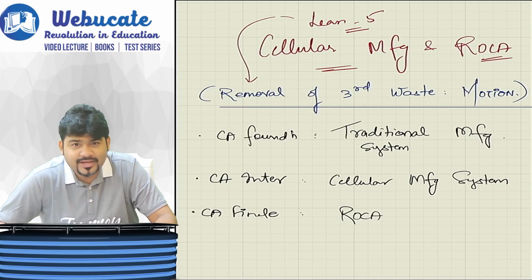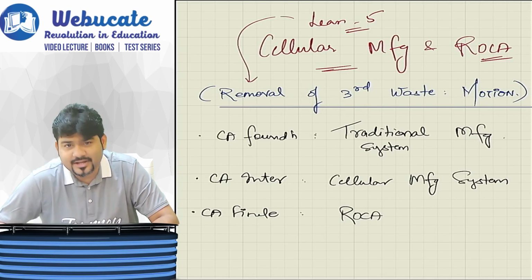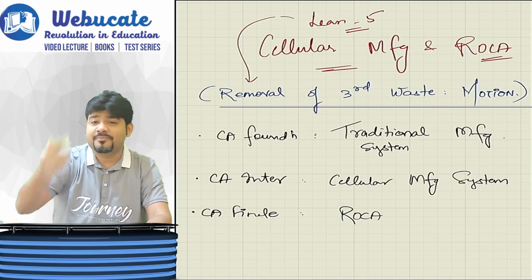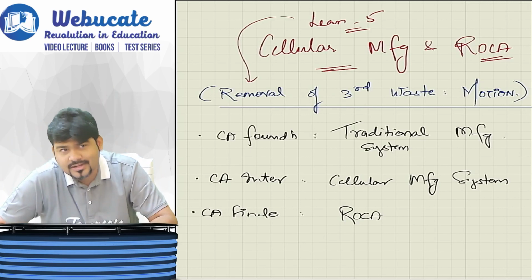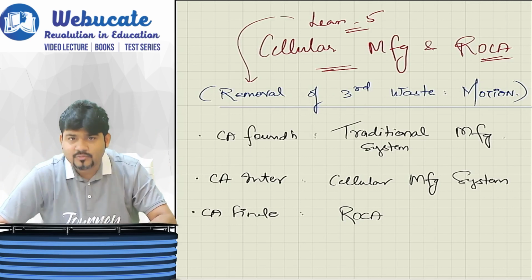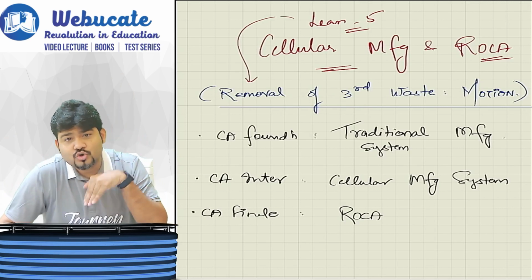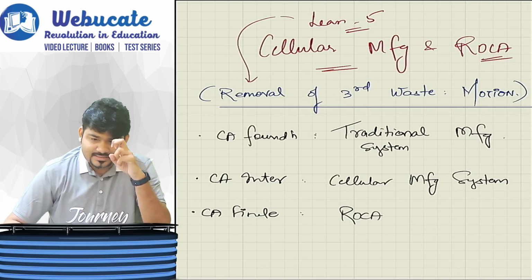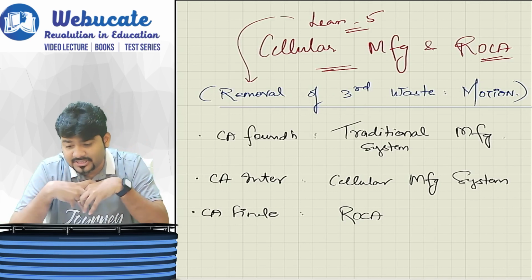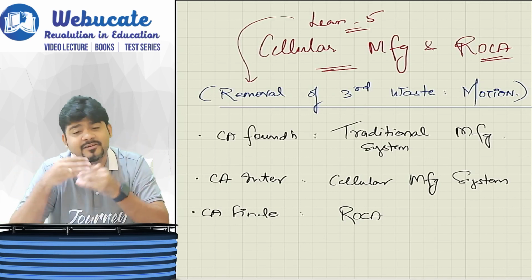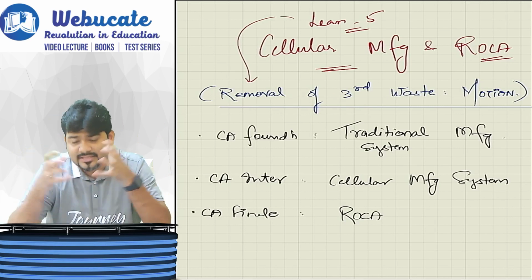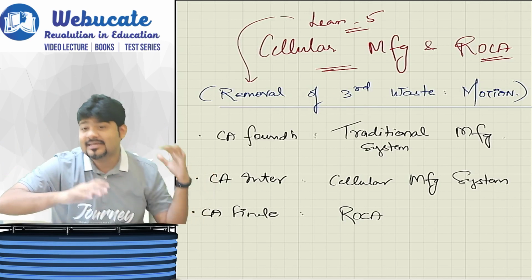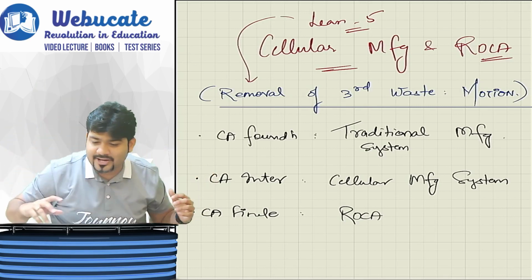Say, for example, today companies are public limited companies. Where did these public limited companies, joint stock companies where people can invest, come into the picture? It didn't start that way, right? How it all started was through sole entrepreneurship, correct? So it started with sole proprietorship. Then a need was felt that a single person cannot run everywhere, giving rise to partnership firms. Then they realized that partnership firms also have limitations, giving rise to LLPs, then private limited companies, then public limited companies.